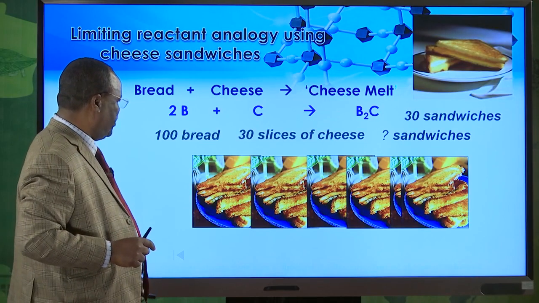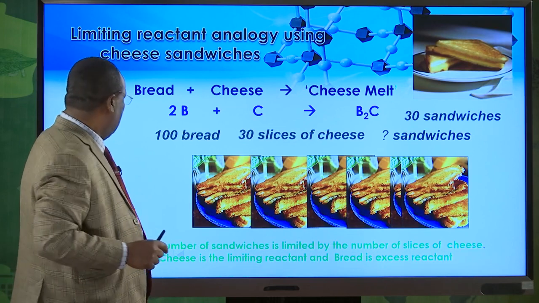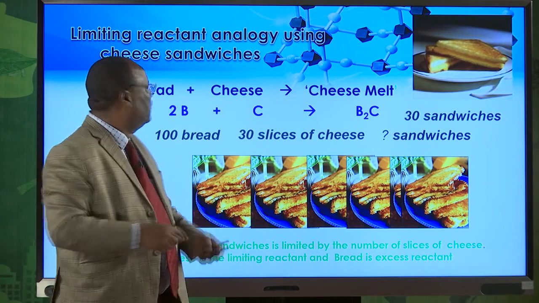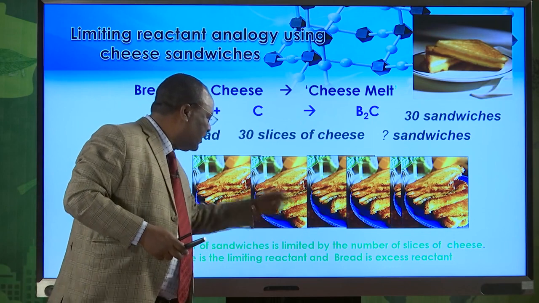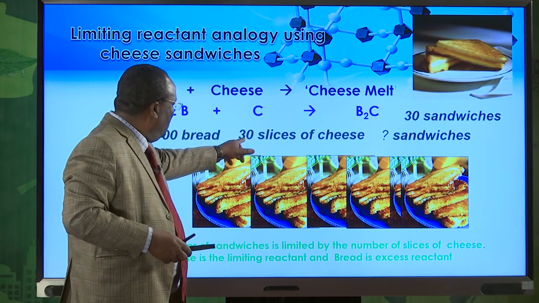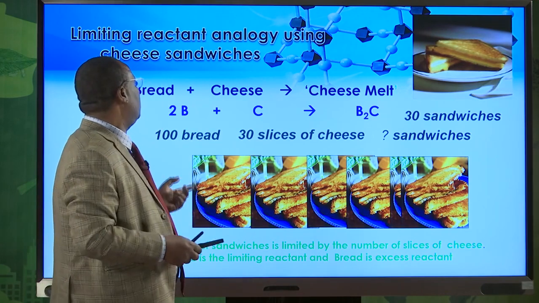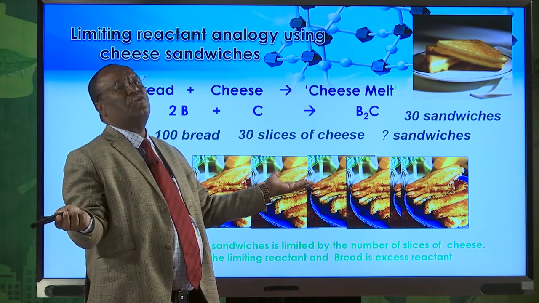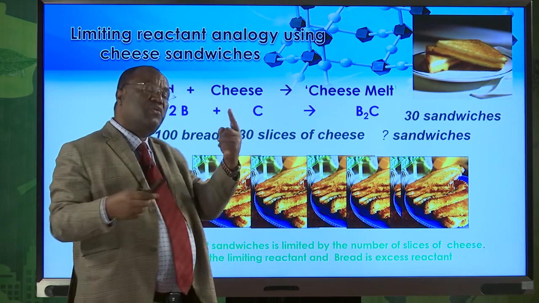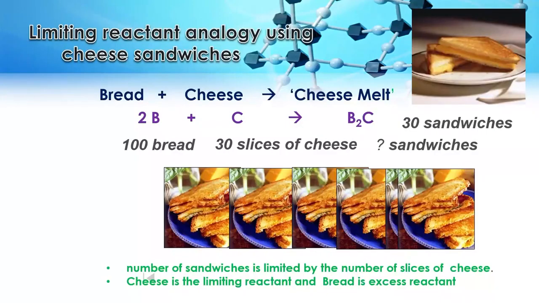The number of sandwiches is limited by the number of slices of cheese. Cheese is the limiting reactant and the bread remains in excess. Because you have only 30 slices of cheese, you can only produce 30 sandwiches. One slice of cheese needs 2 bread, so you use only 60 bread. 60 bread with 30 slices of cheese will give you only 30 sandwiches.